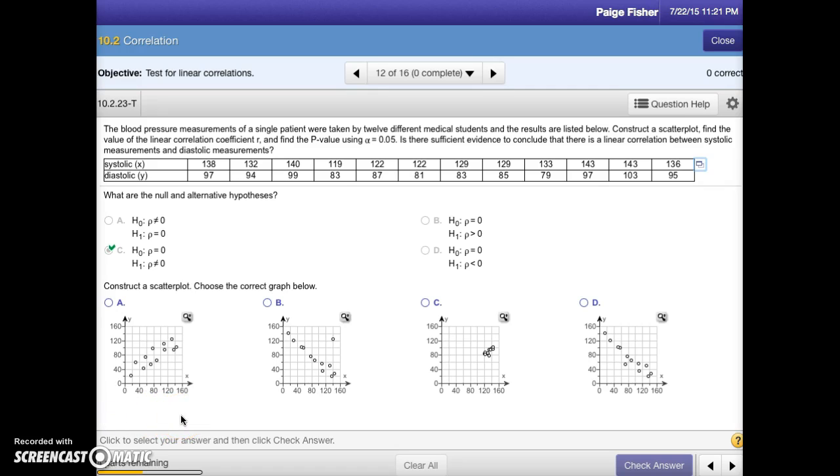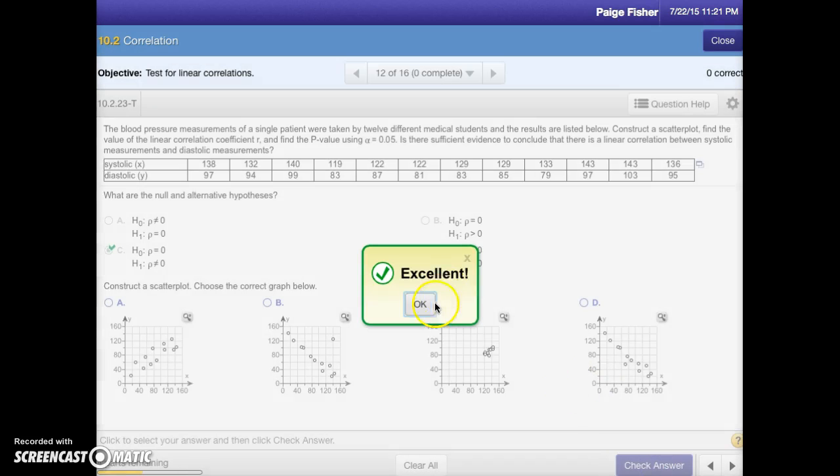And this one appears to look like it may be correct, but the interval is around 0. So the scales are different in this case. But we're going to look for 120 and 80. That's not right. And then 120 and 80. This one appears correct. So we push C. That was correct.